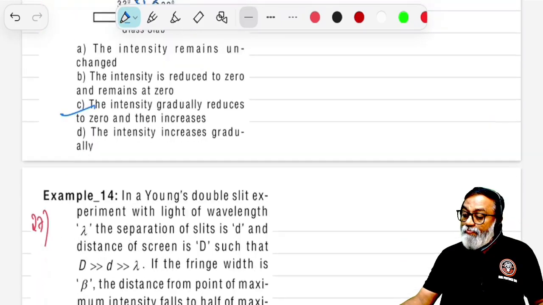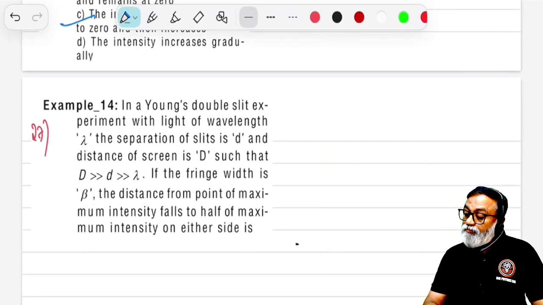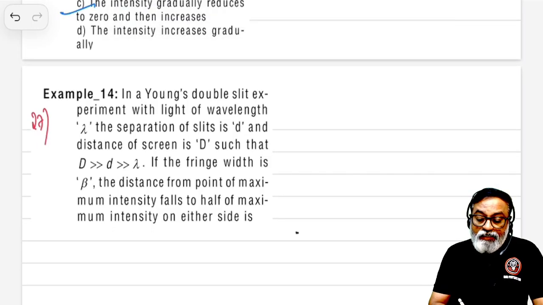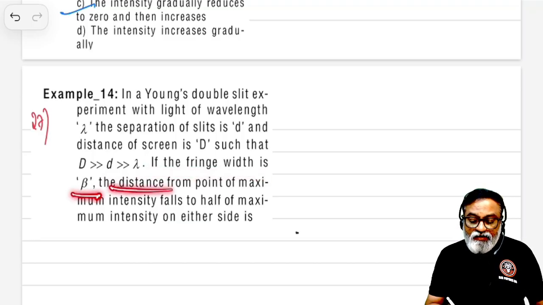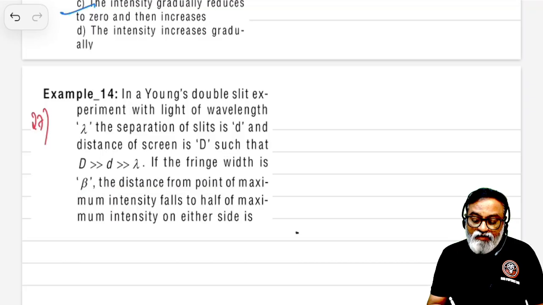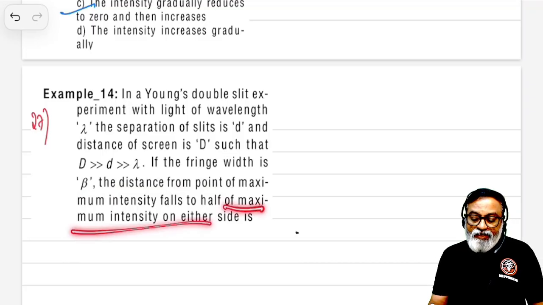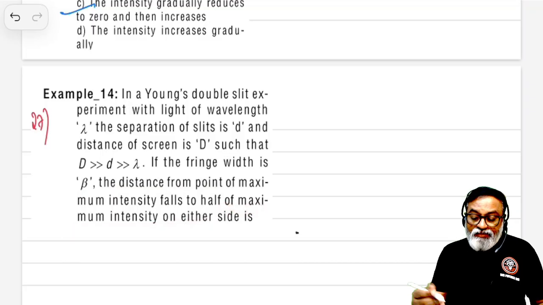Next, in Young's double slit experiment with light of wavelength lambda, the separation of the slits is d and the distance of the screen is capital D, such that capital D is much greater than d. If the fringe width is beta, find the distance from the point of maximum intensity where the intensity falls to half of the maximum intensity on either side.